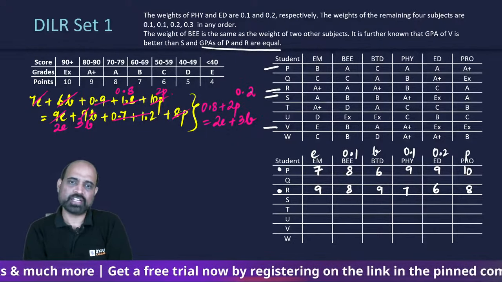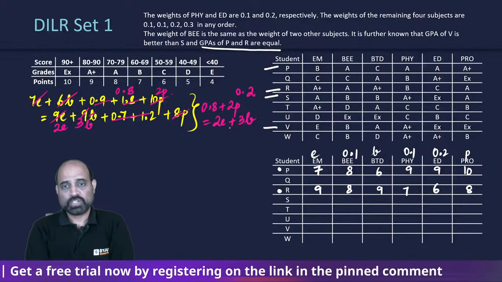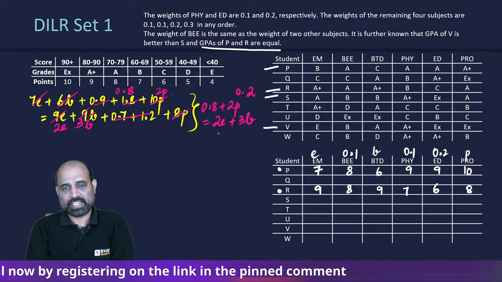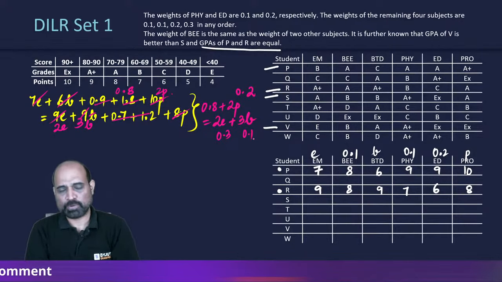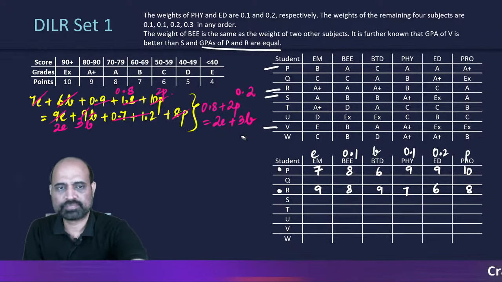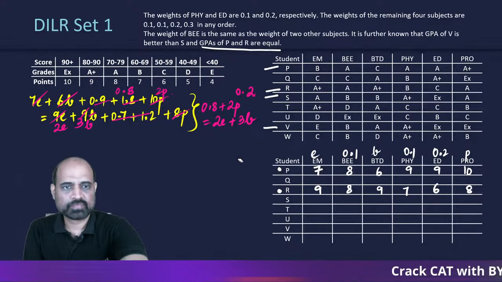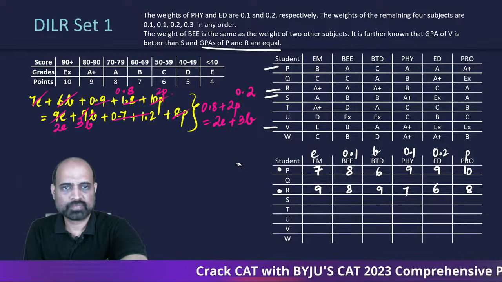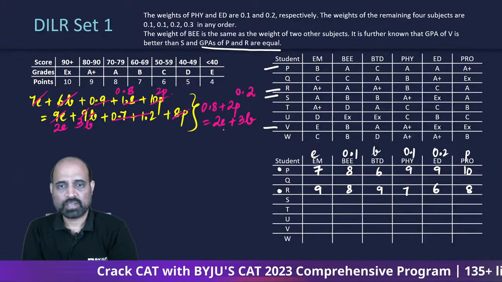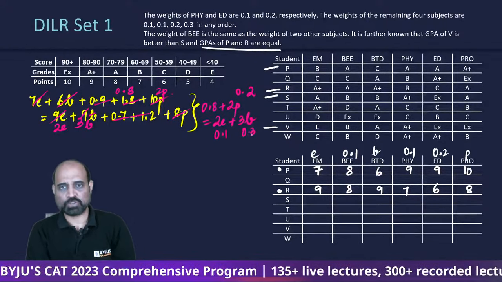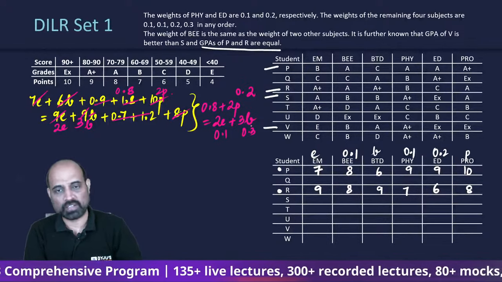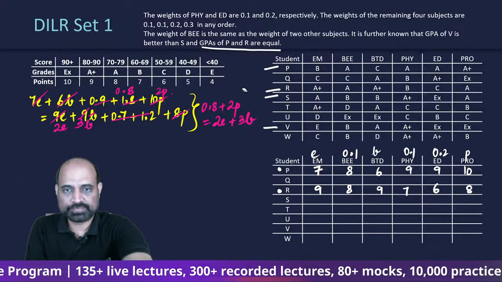So we will have 0.8 plus 0.4, 1.2. So if we take this as 0.3 and this one as 0.1, 0.6 plus 0.3, this is 0.9. If we take this as 0.1 and this one is 0.3, so 0.9 plus 0.2, 1.1. I missed it a bit.